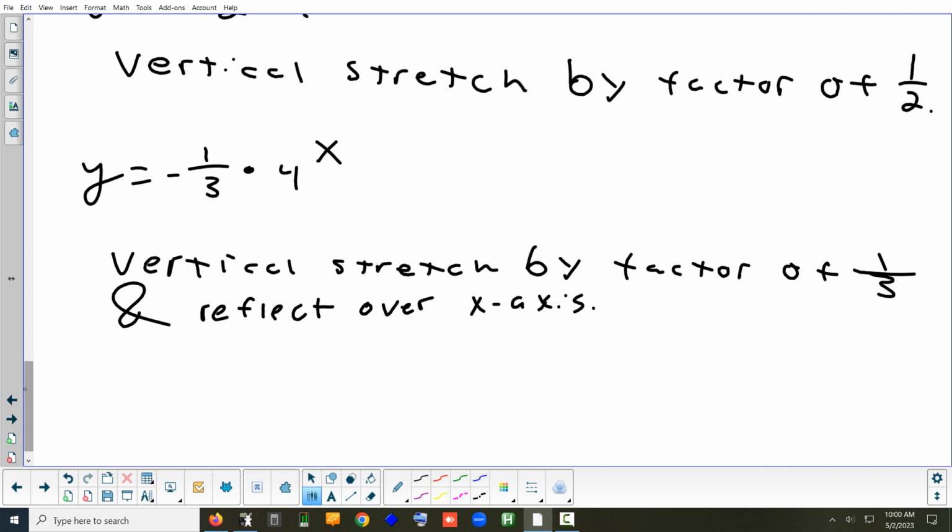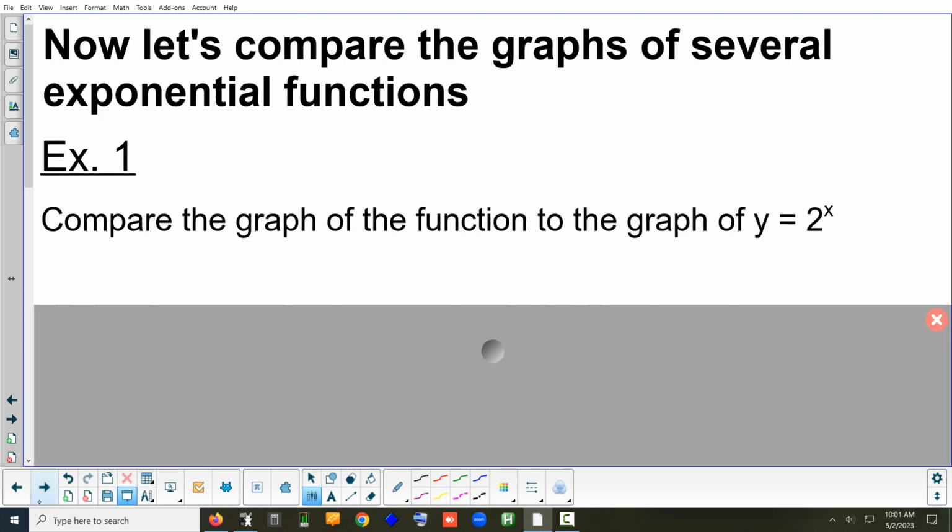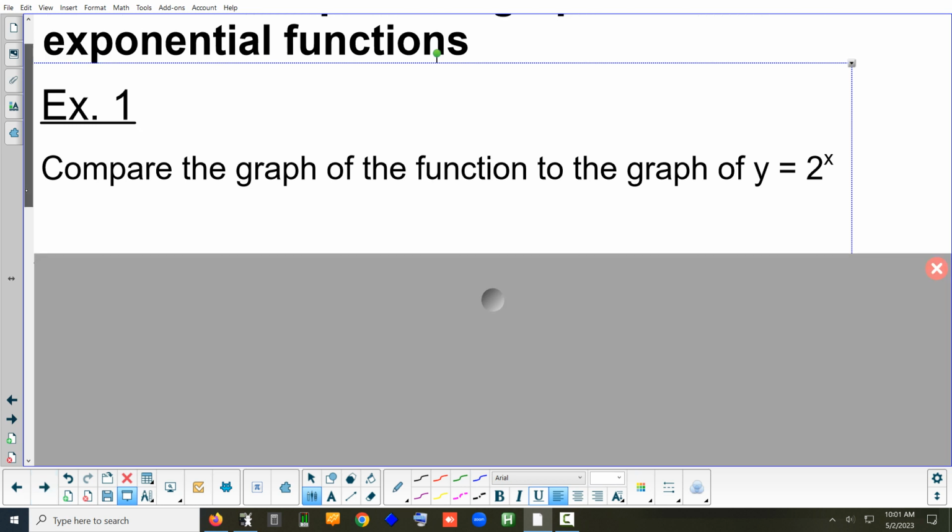Okay, so those were just like a couple practice ones. Again, I said you didn't have to write them, but now we'll do example 1, and I'll let you guys try those on your own. Okay, so the graph that we're comparing to is 2 to the x. It doesn't really change how you do anything. It just means every problem I give you is going to have a times 2 to the x at the end. And it'll have a different number in front.